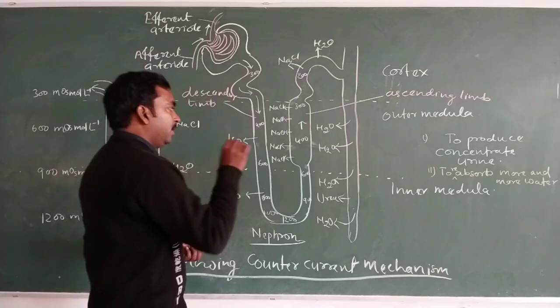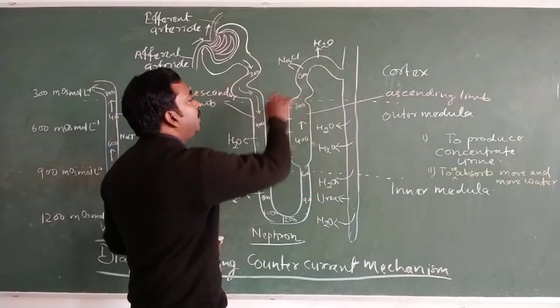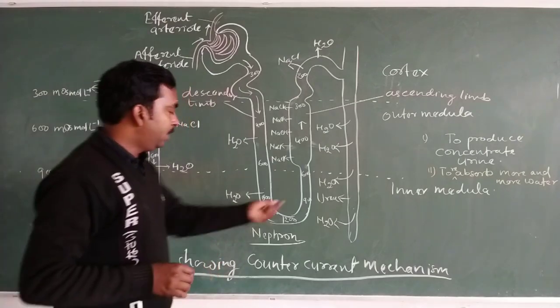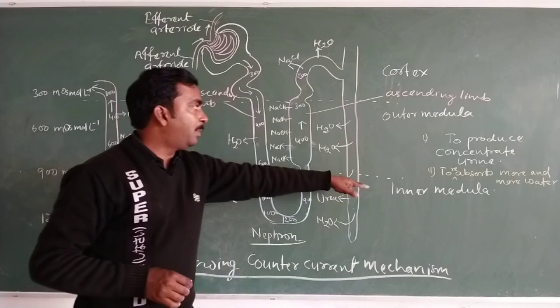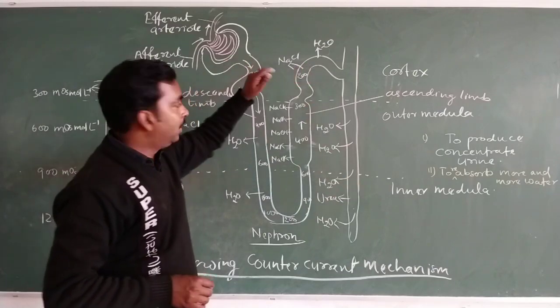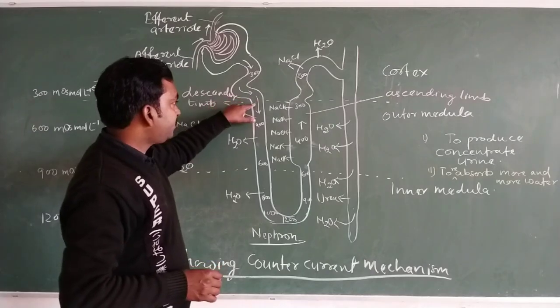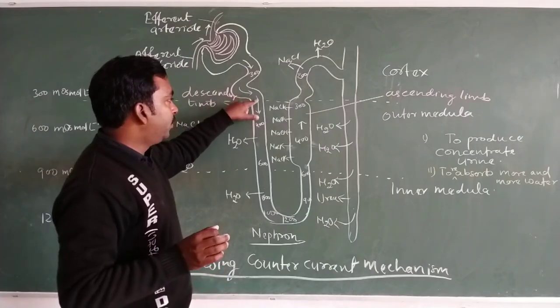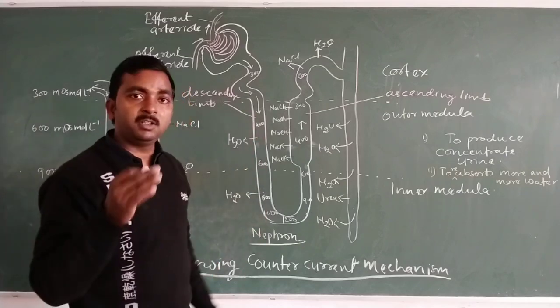Here the concentration or osmolarity decreases. When we go upward from the inner medulla to the cortex region, the osmolarity decreases, while when we move from the cortex region to the medulla region, the osmolarity increases.